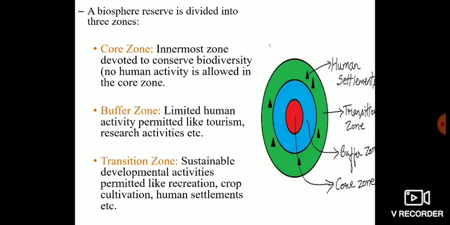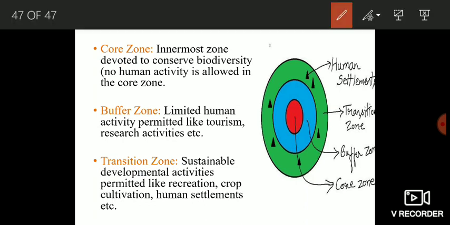Now let's move on with the structure of a biosphere reserve. A biosphere reserve is divided into three zones. The innermost zone, which is shown here in red, is known as the core zone. In this core zone, no human activity is allowed. This zone is devoted entirely to the conservation of biodiversity.